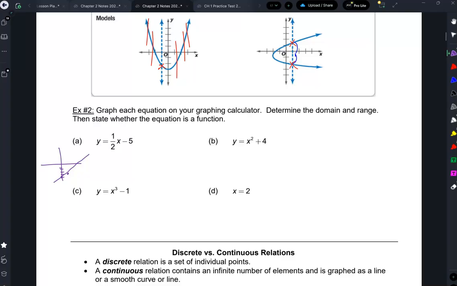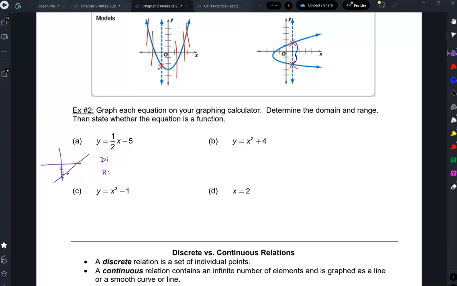Now we have to figure out domain and range. Another way of looking at it is, how much of the space does this graph take up? Okay, so domain is horizontal.